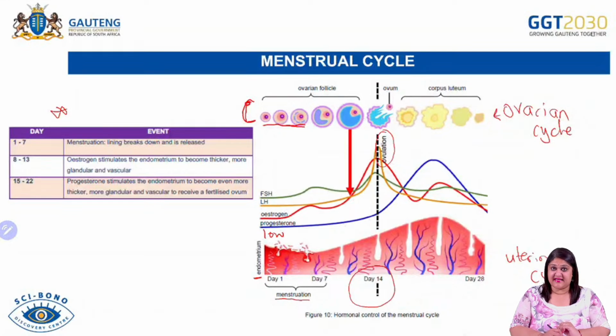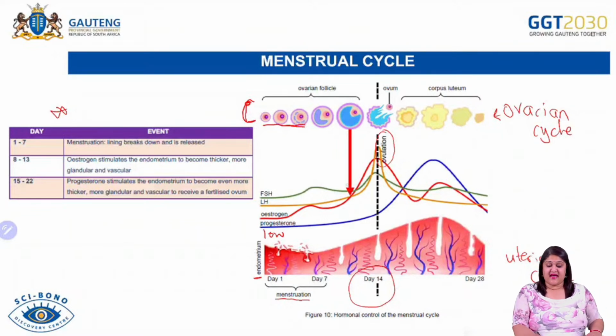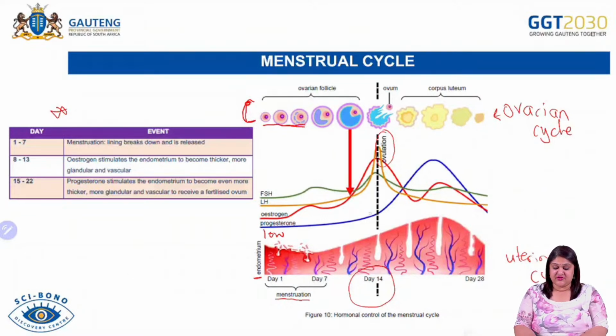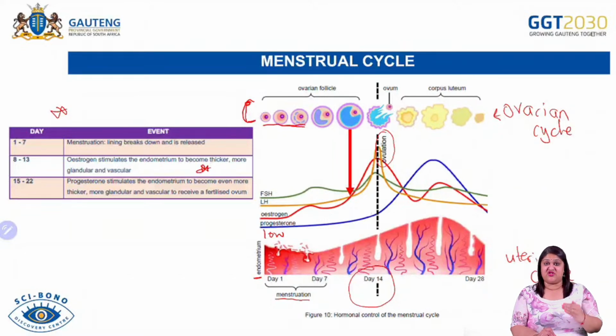Okay, that's what that arrow is for, to show you that that Graafian follicle is going to secrete the estrogen. That's why it's pointing to this red line over here to show you that it's going to be doing that. And then, as you know, from day 8 to day 13, we said that estrogen stimulates the endometrium to become thicker, more glandular and vascular. That's what the estrogen is doing.